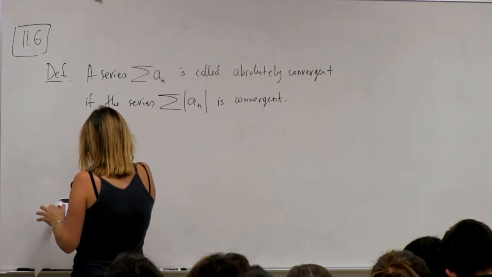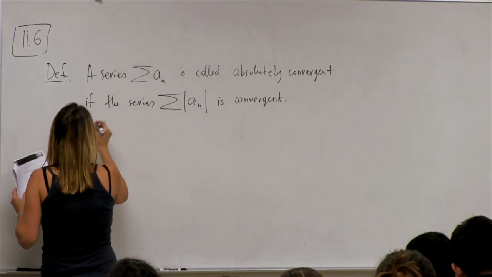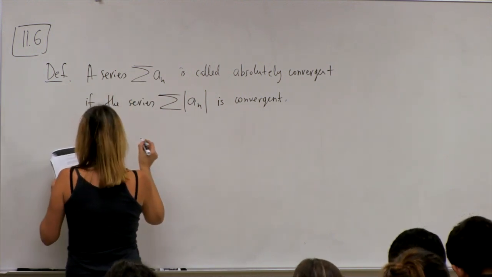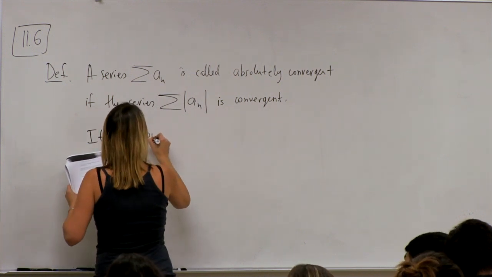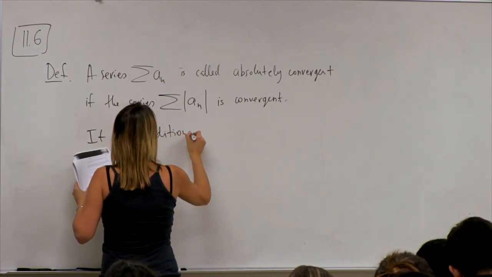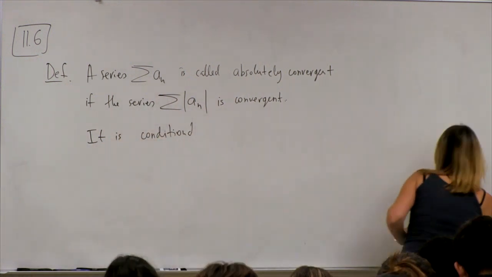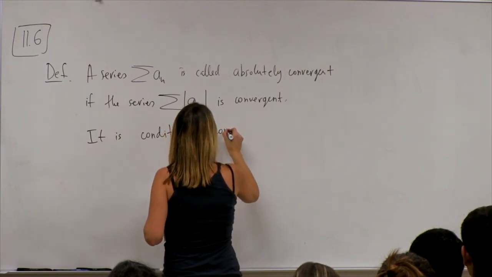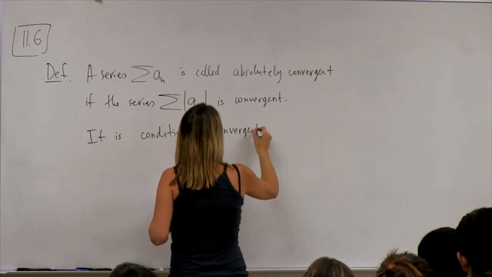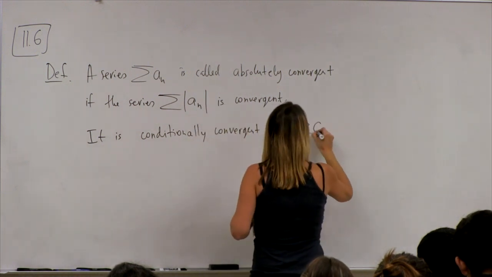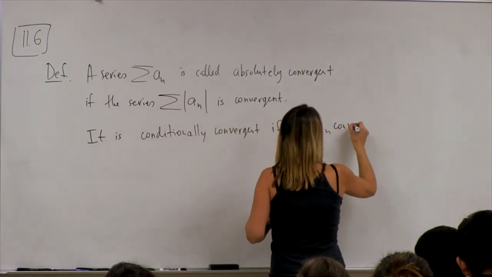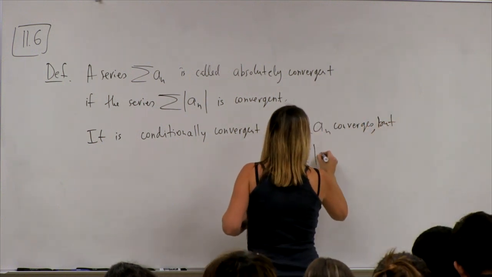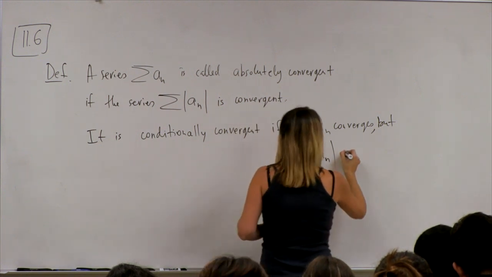And I clumped two definitions in one. It is conditionally convergent if the series itself converges, but the series that consists of the absolute values diverges.